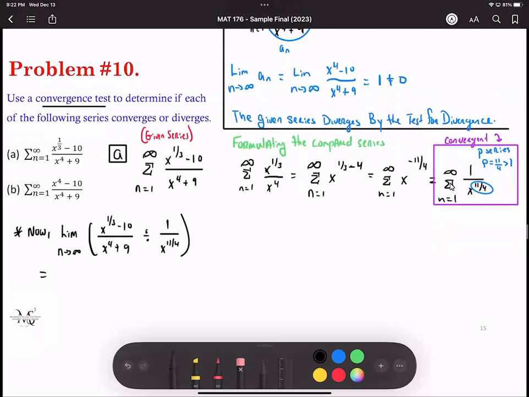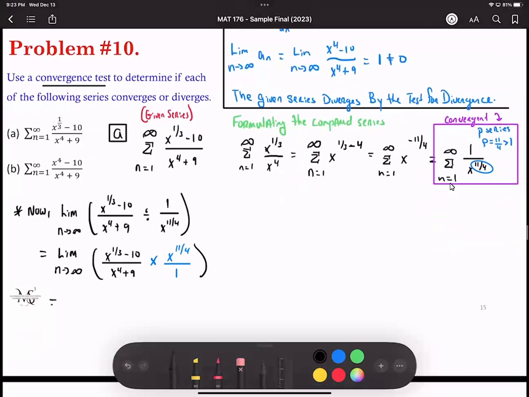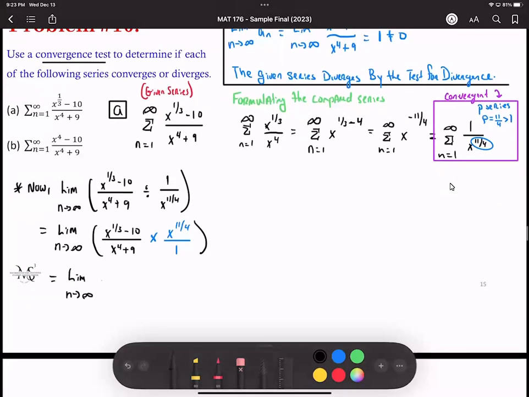So this is now equal to the limit as n goes to infinity of just rewriting the given series times x to the power of 11 over 3 divided by 1. You can multiply this out straight across.